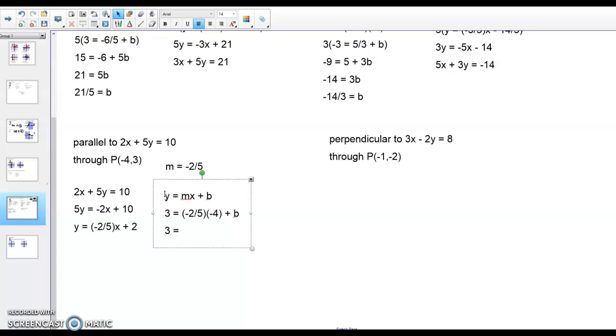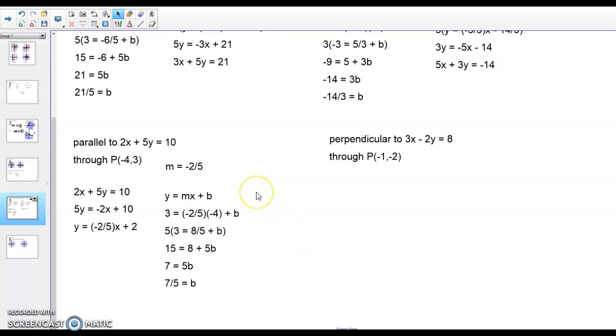So 3 equals negative 2/5 times 4 is simply 8/5 plus b. And now I'm going to multiply everything by 5 to get rid of the fraction. So when I do that, we get 15 equals 8 plus 5b. Alright, we subtract 8, we get 7 equals 5b, and 7/5 equals b.